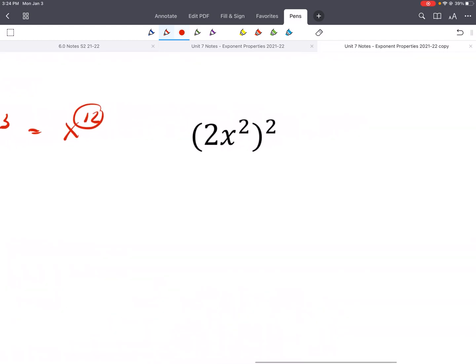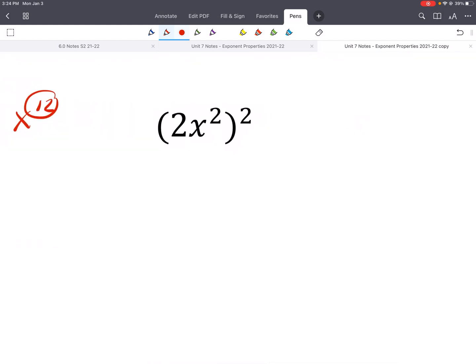All right, so if we were to expand this one as well, we would have 2x squared times 2x squared. So that would give us 4x to the 4th. Okay, so if you want to use the rule here, again, we multiply those together. Another thing is we multiply those together, okay?